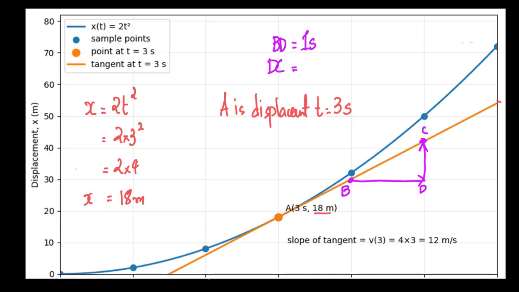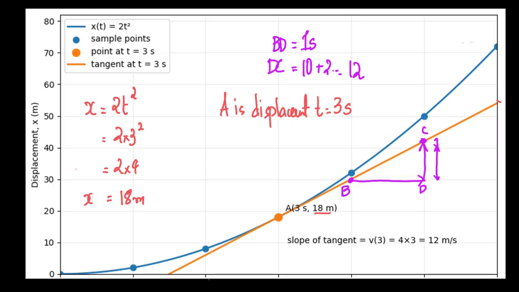What is DC? DC is 1 unit, which is this much, plus some of it, maybe less than half of it. What is 1 unit? 20 to 30 is 1 unit, which is 10, plus some more. Maybe this is less than half, so approximately 2, which gives us 12.